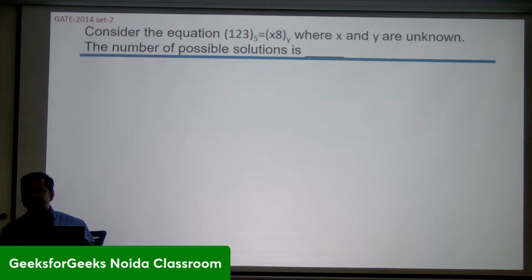X belongs to the range of y. So consider this equation 123 base 5 is equal to x8 base y, where x and y are unknown. Now again you have to find the possible solutions. How many possible solutions are there? Okay, I just want to have the answer from you.